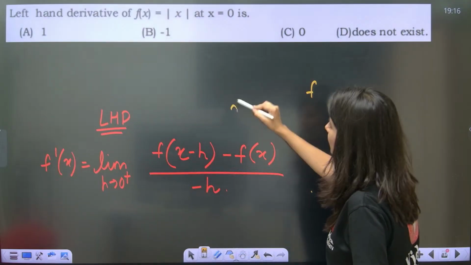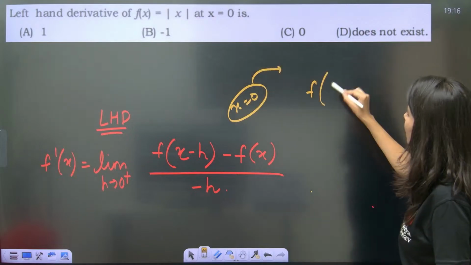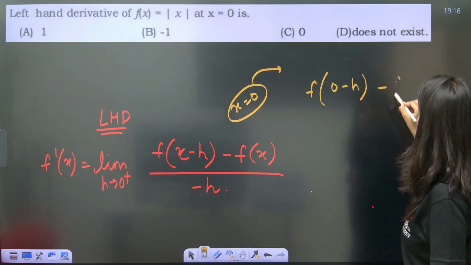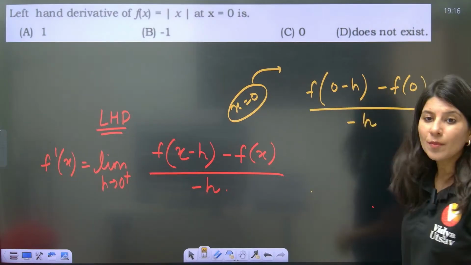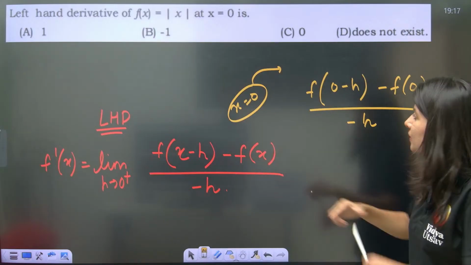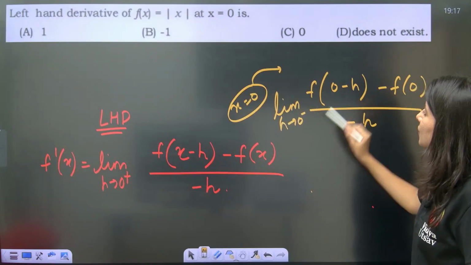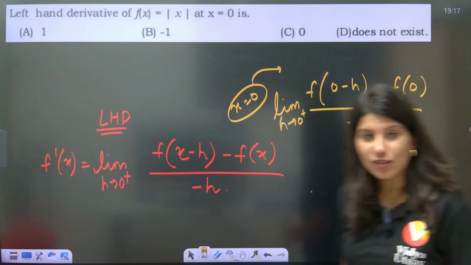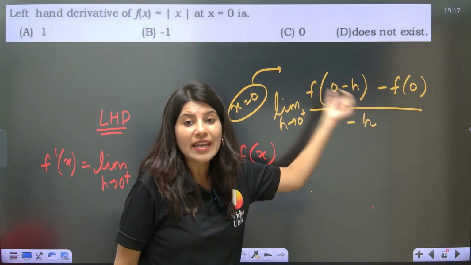Clearly, we are looking for the left hand derivative at x equals 0. So f(0 minus h) minus f(0) upon minus h. Understand that h is positive, so you just need f(minus h). Minus h will be negative, so f of a negative number.